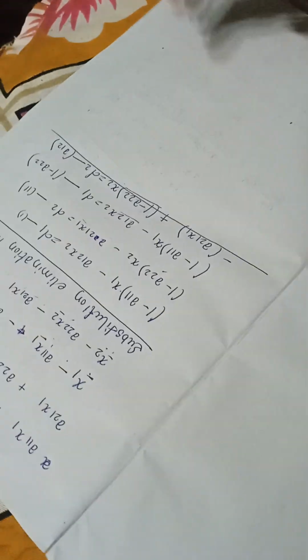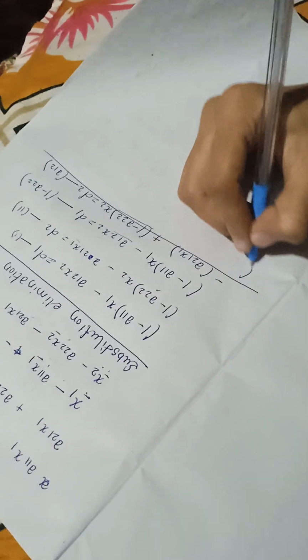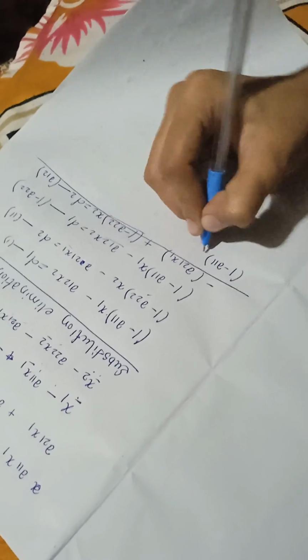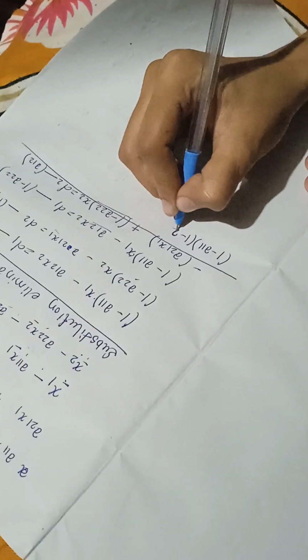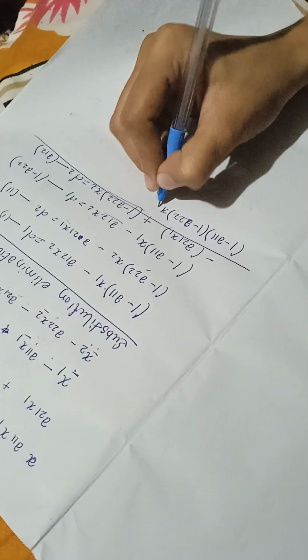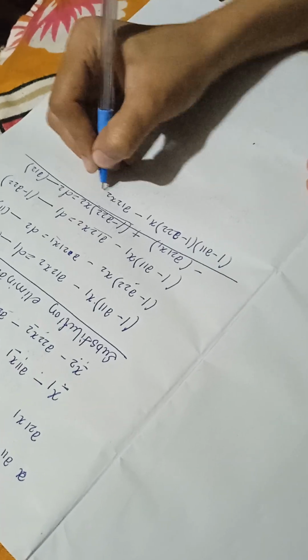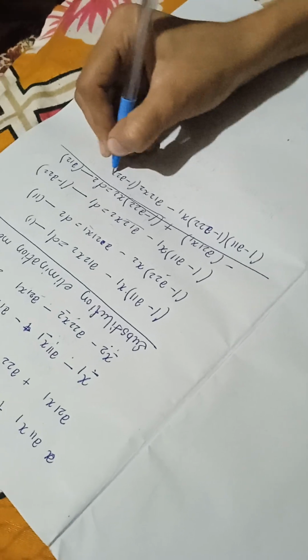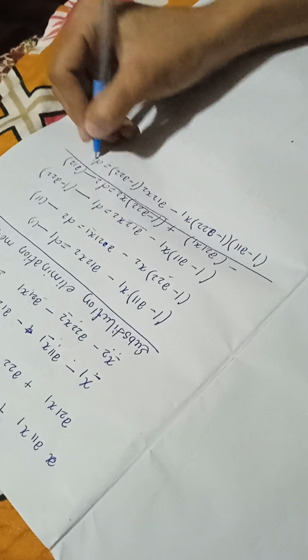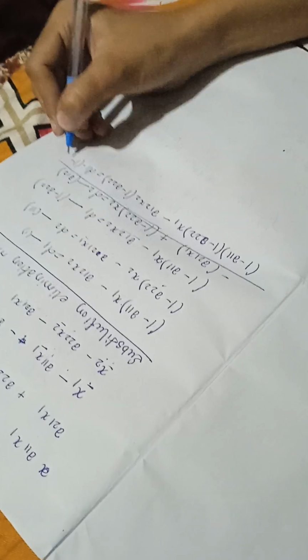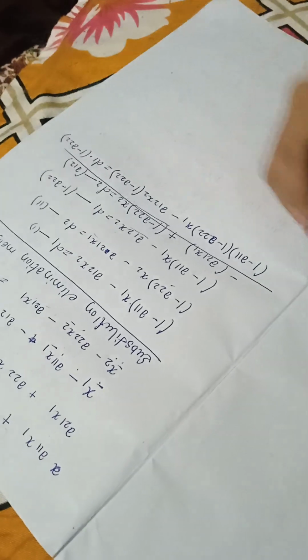So after this we get (1 minus a11) into (1 minus a22) into x1 minus a12 x2 into (1 minus a22) equals d1 into (1 minus a22).